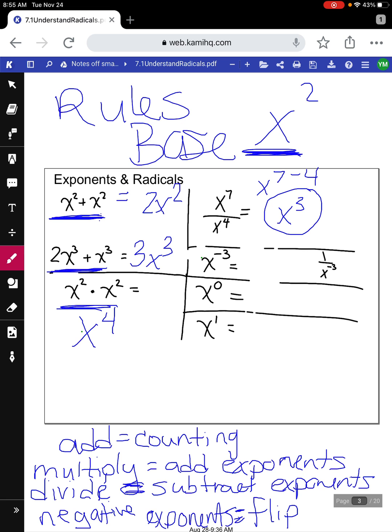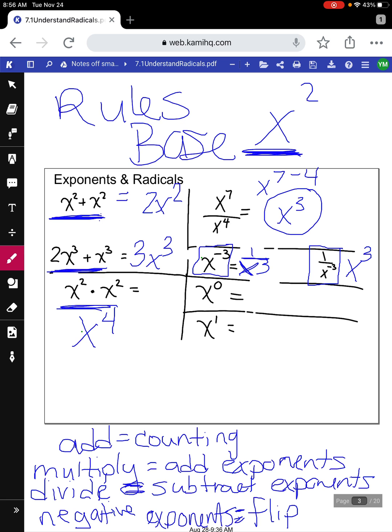So this x to the negative 3rd, you flip it. Right now it's in the numerator, and you put it in the denominator. This becomes x to the positive 3. If it starts off as x to the negative 3 on the bottom, then you flip it to the top, and this becomes x to the positive 3 on the top.